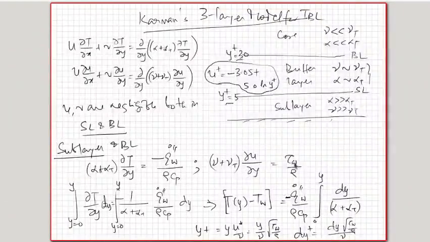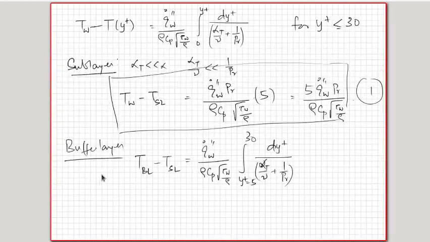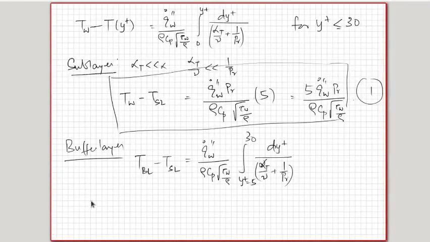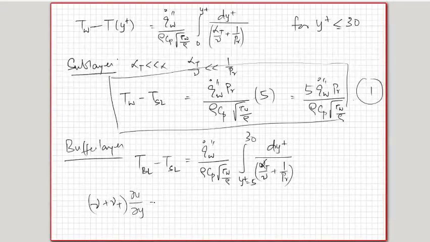In the same way I can use this tau wall by rho, so nu plus nu t into del U by del Y is equal to tau wall by rho, right?